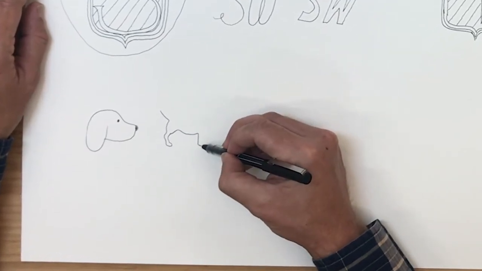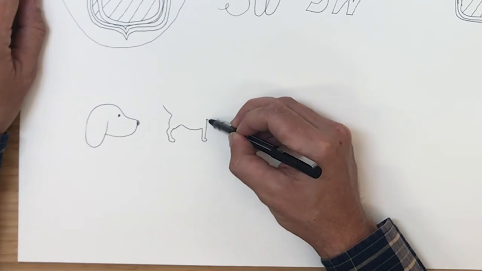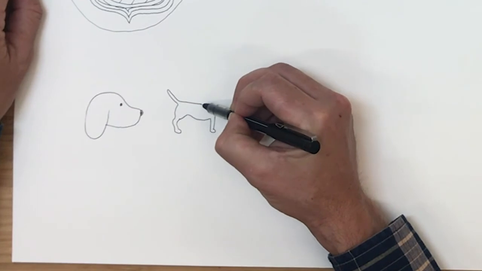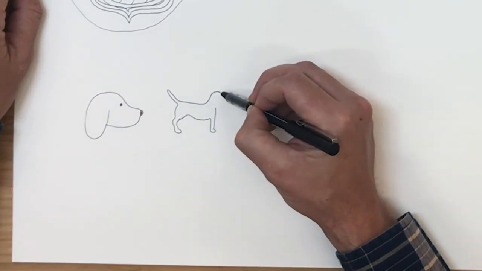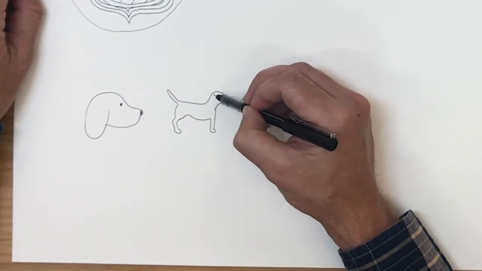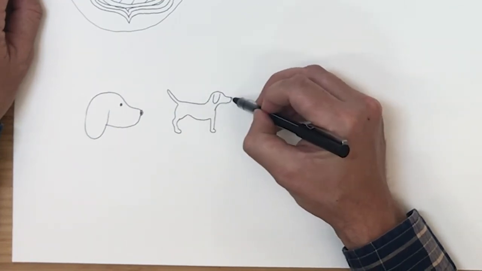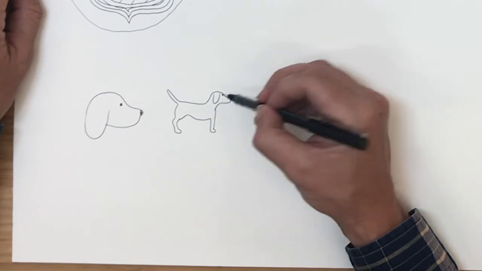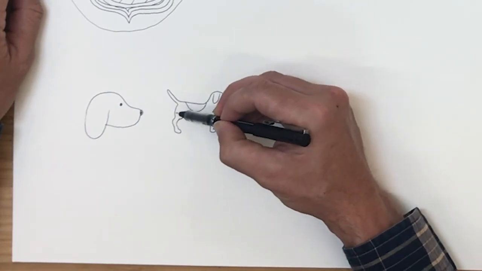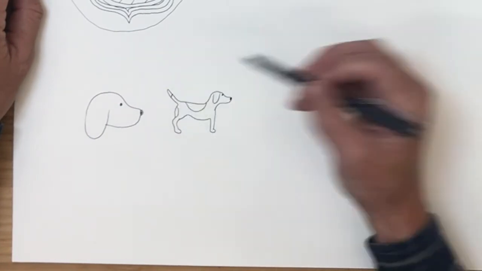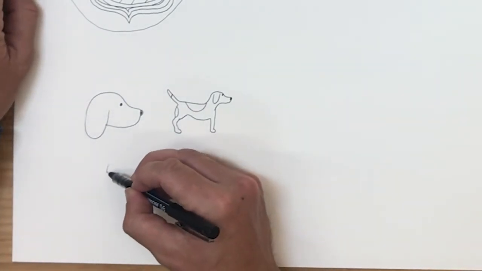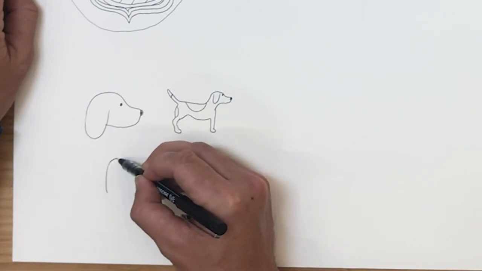the outline of a beagle's body. Or maybe a beagle head from the front.